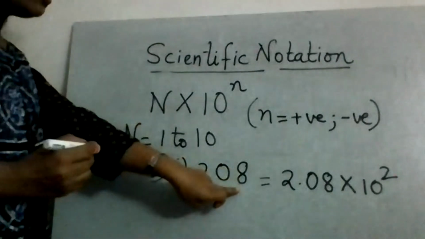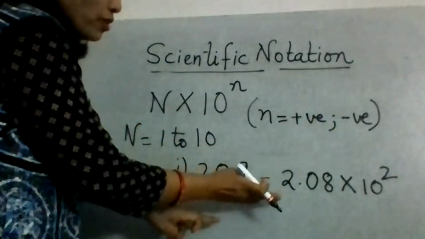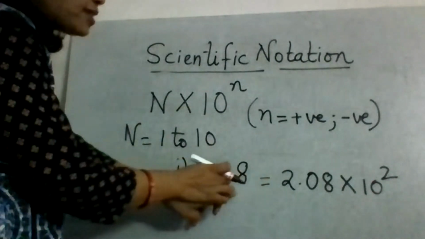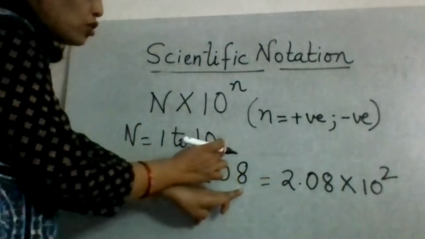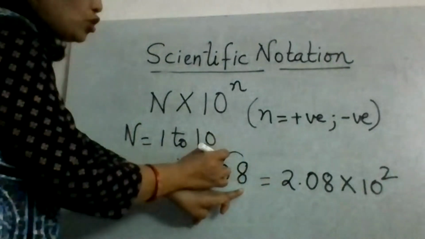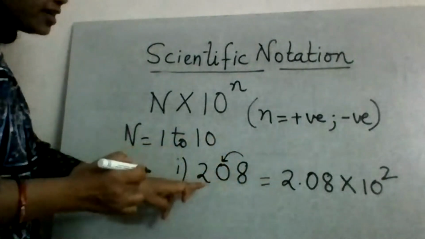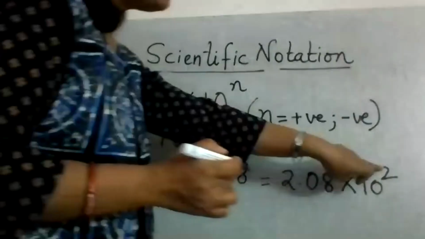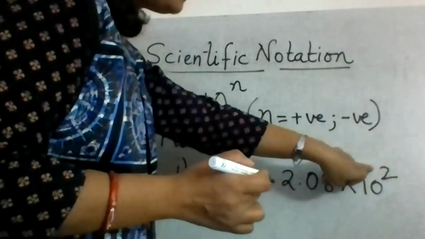Now see here, I am putting the decimal place. You are going from right to left. Okay, so see how many places left you have moved. Here you see 1, 2. You have moved 2 places left. And since you have moved 2 places left, the value of this small n will be positive.